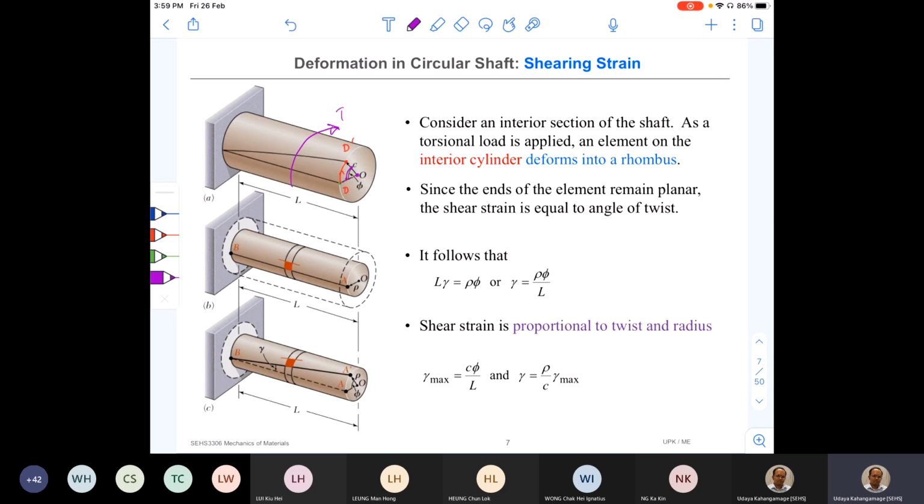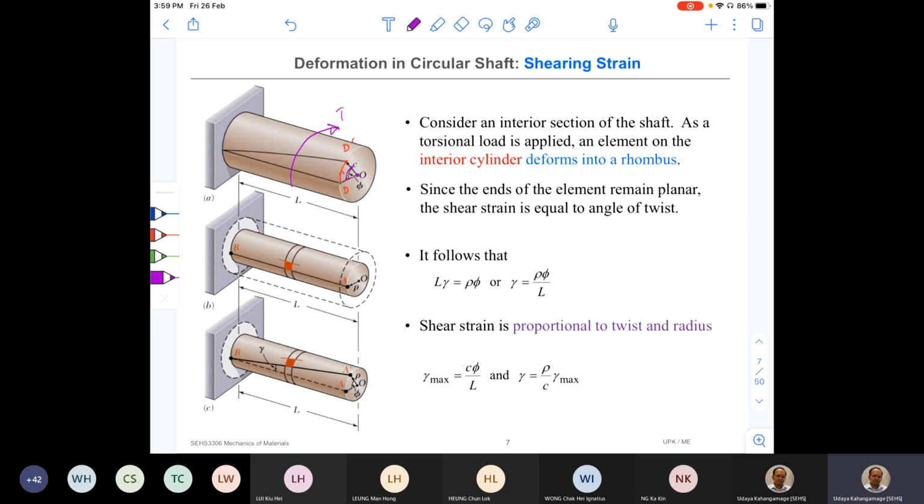So now can you see that once we apply a torque onto the shaft, the strain is not constant on the cross section. Strain is changing from a very high value, which is on the outer surface of the shaft, to a very small value, ultimately up to 0 at the center.